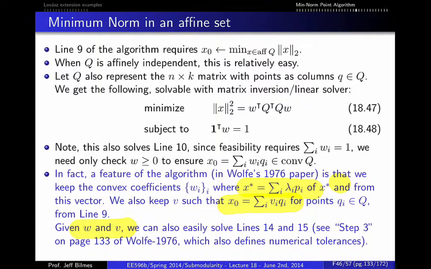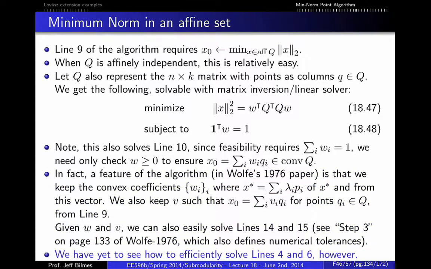W and V is the same notation that Wolfe uses in his paper. If you go to step 3 on page 133, you'll see W and V. This is the W and V that we're talking about. And that allows us, very simply and in linear time, to solve lines 14 and 15.